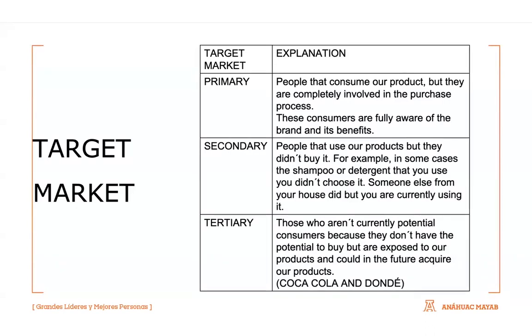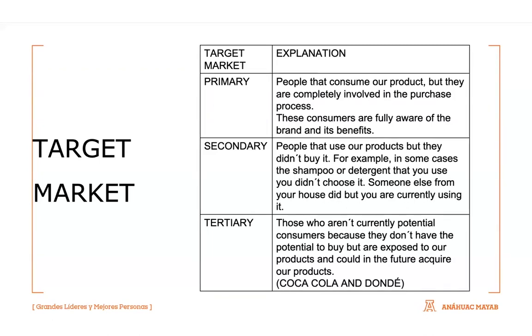Usually we focus on the first one, the primary, but in the secondary, we have users. It's important to know that there are going to be some people that will use your product, but not necessarily are they going to be related to acquiring your product, okay?